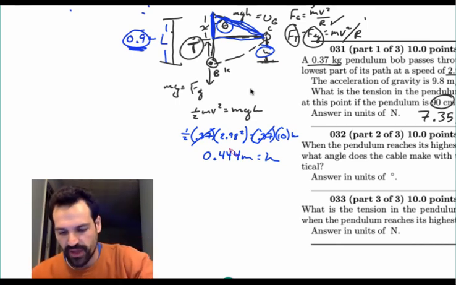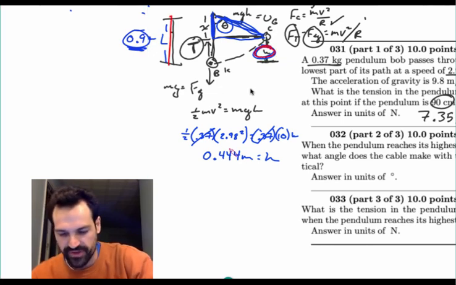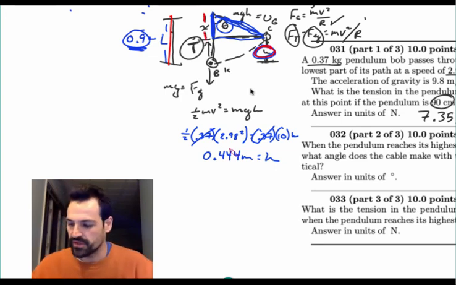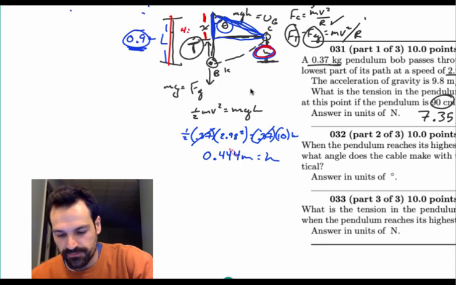So now we have the height, and I'm going to switch to red so it stands out a little bit better. We know the full length of the string, so we can figure out this adjacent side of our triangle up here. So 0.9 minus that 0.444 is going to give you about 45.5 centimeters or 0.456 meters.